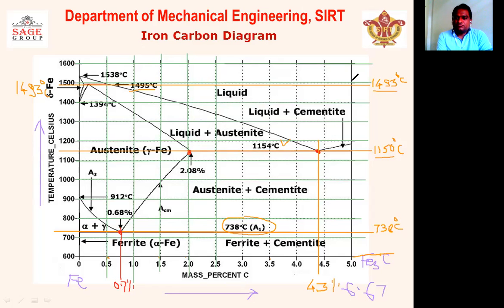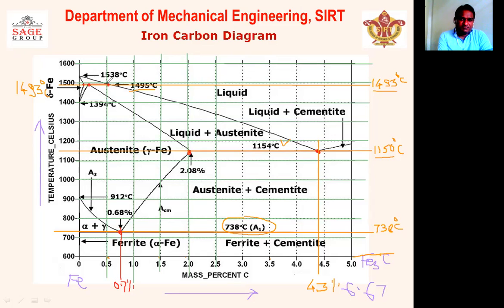Now move to the third line, that shows the peritectic temperature. On this line we have to mark 3 points. For locating the 3 points, we should know the weight percentage of carbon. So the first point is here, the second point is here, and the third point is here.